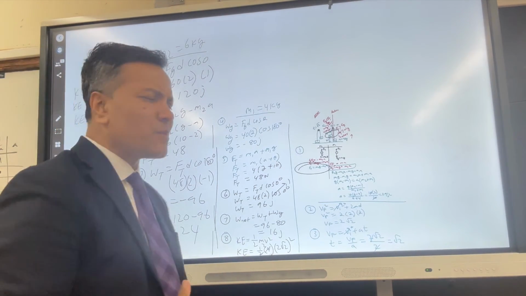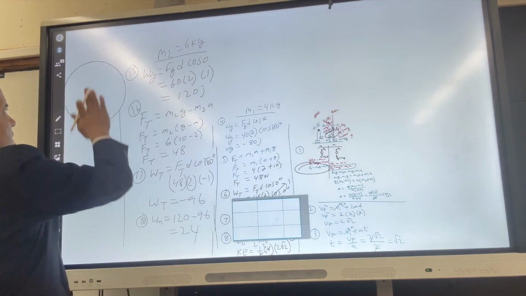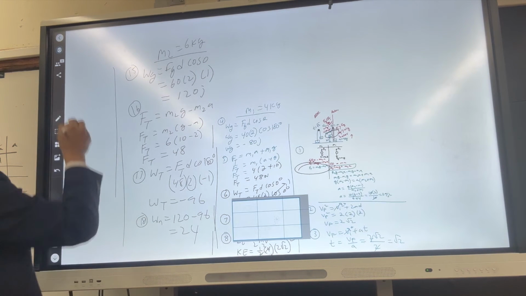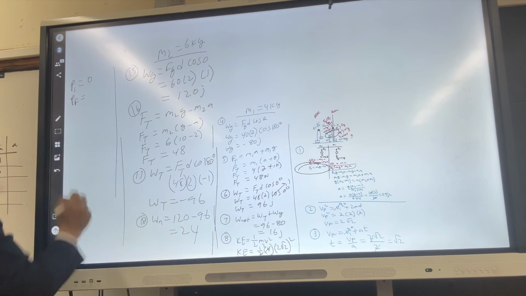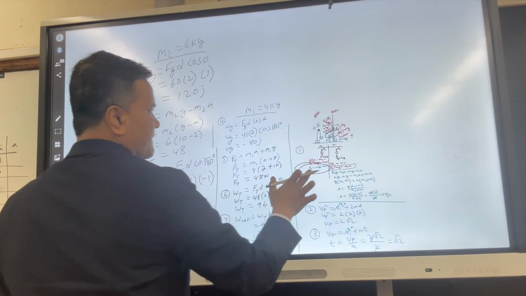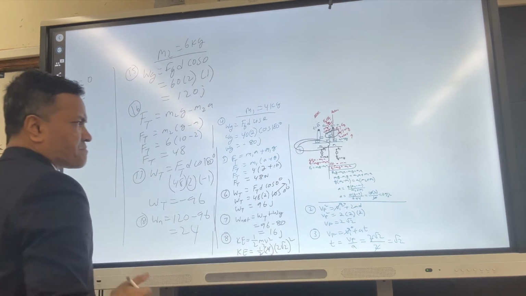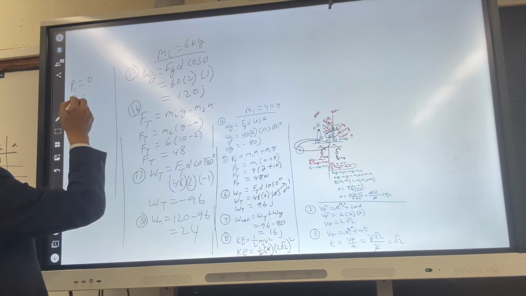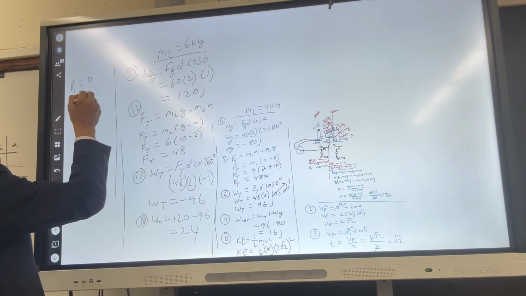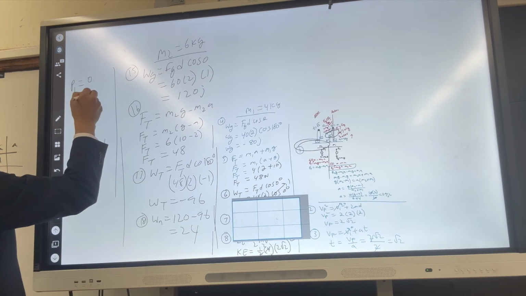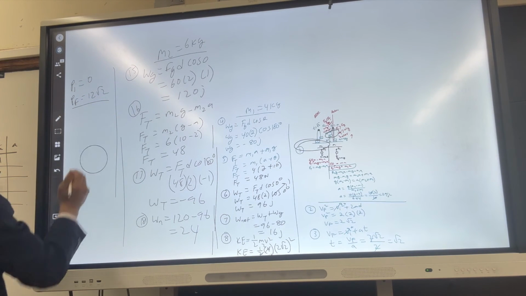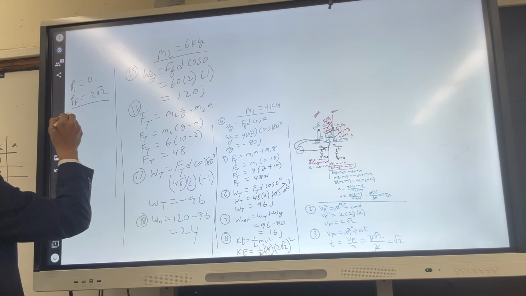Now we're going to find the momentum. Momentum initial is equal to 0. Momentum final is 6 times 2 root 2, so 12 root 2. So now is a good time to find the impulse.